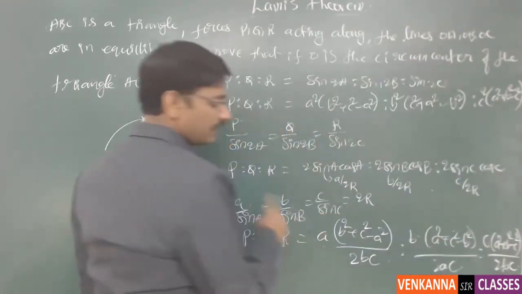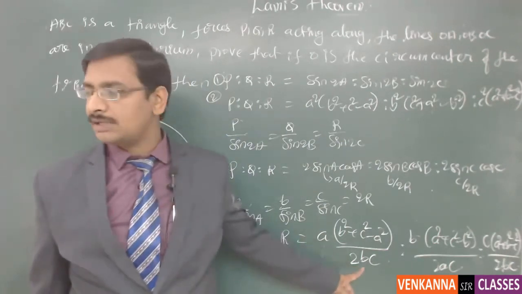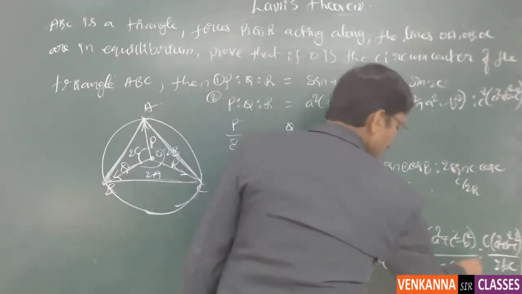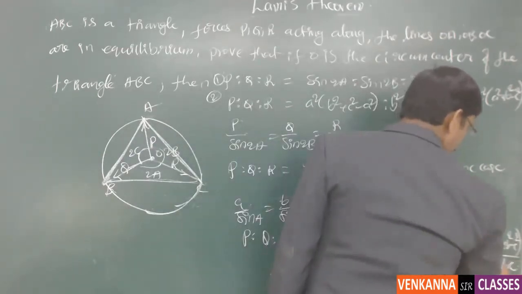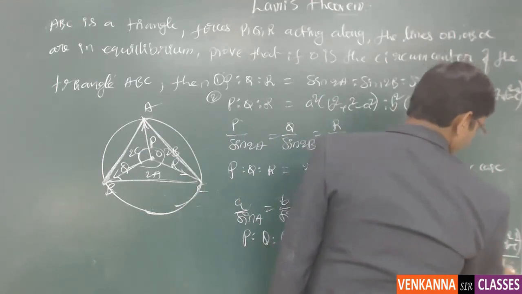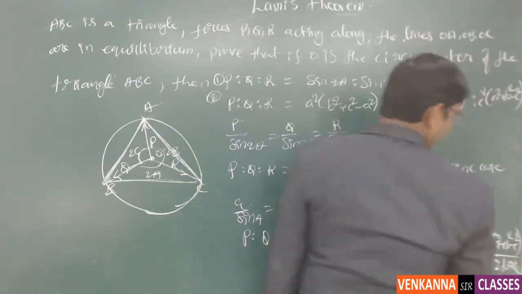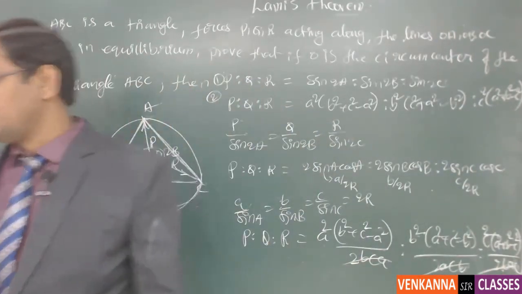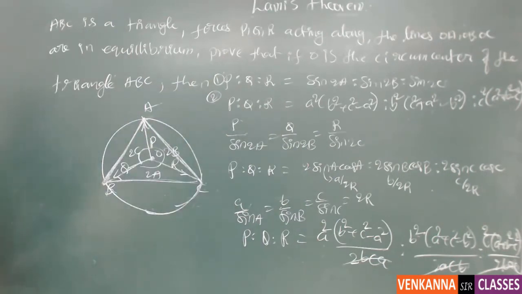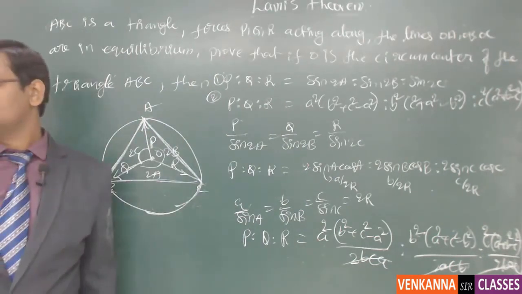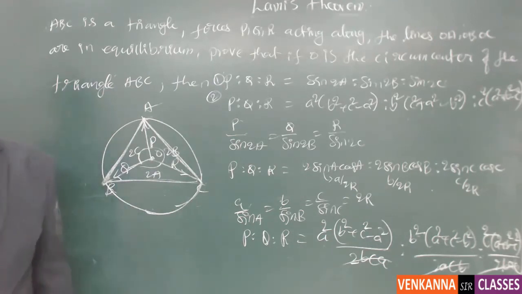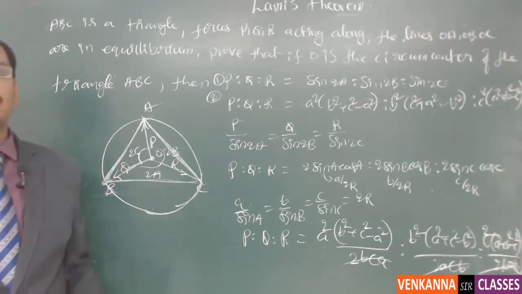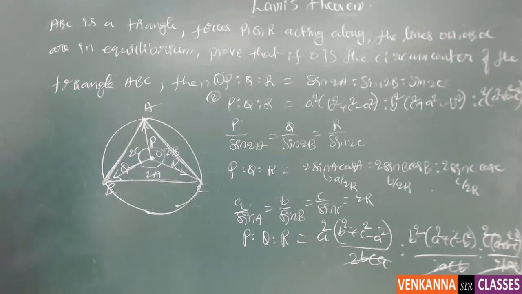Now if you multiply numerator and denominator by whatever is missing in the denominator, this will be A square, this is B square, this is C square, and this is ABC. So now this will cancel out, and whatever is left over is our answer. Got it? I hope everybody understood this. All these things need a fundamental understanding of the triangle properties.